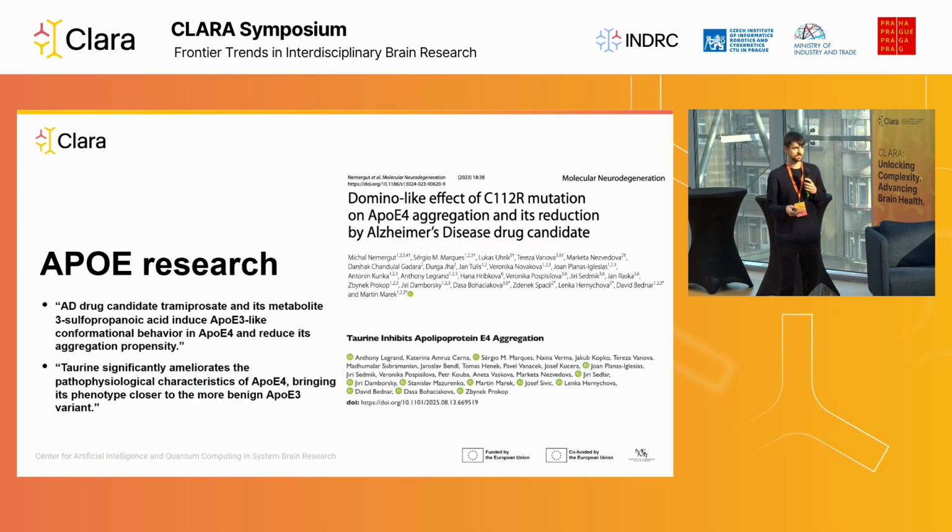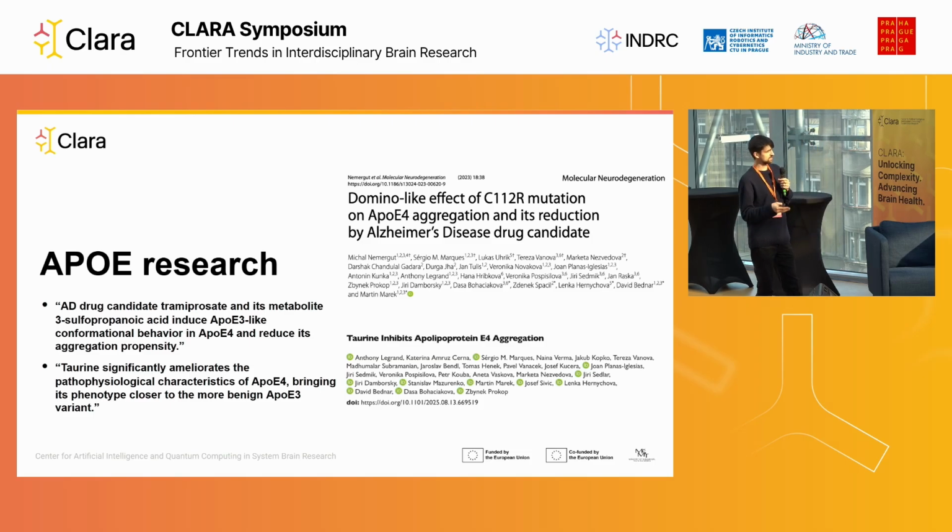Our colleagues from ICRC in Brno are studying this protein a lot, and they already released 2 manuscripts studying the process of ApoE aggregation. That is a process believed to be relevant for neurodegeneration.